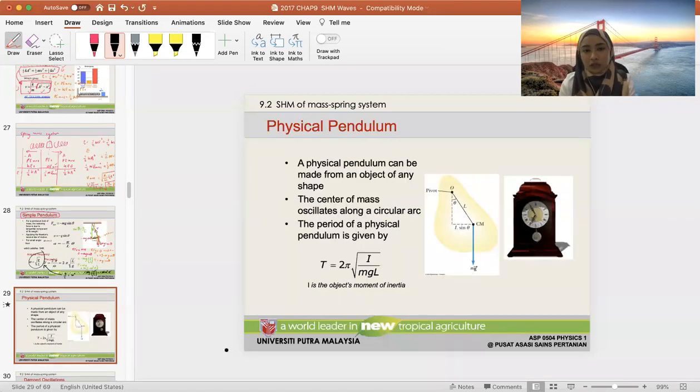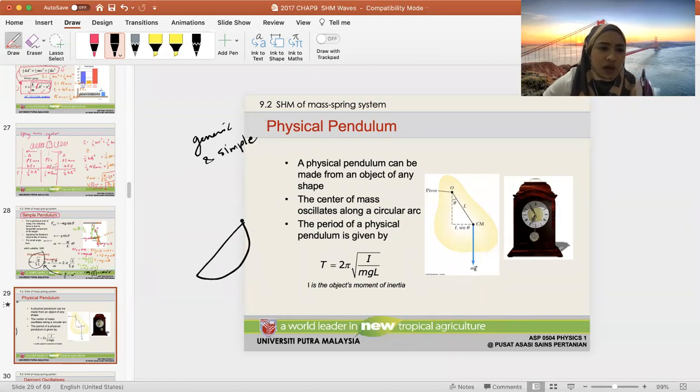Alright, so for the physical pendulum, we derived the equation for a generic system, a generic simple pendulum. What if we have a system that is not as generic and it's not a ball? Let's say I have this half cylinder, where this is the center of mass, mg, and this is my axis of rotation.